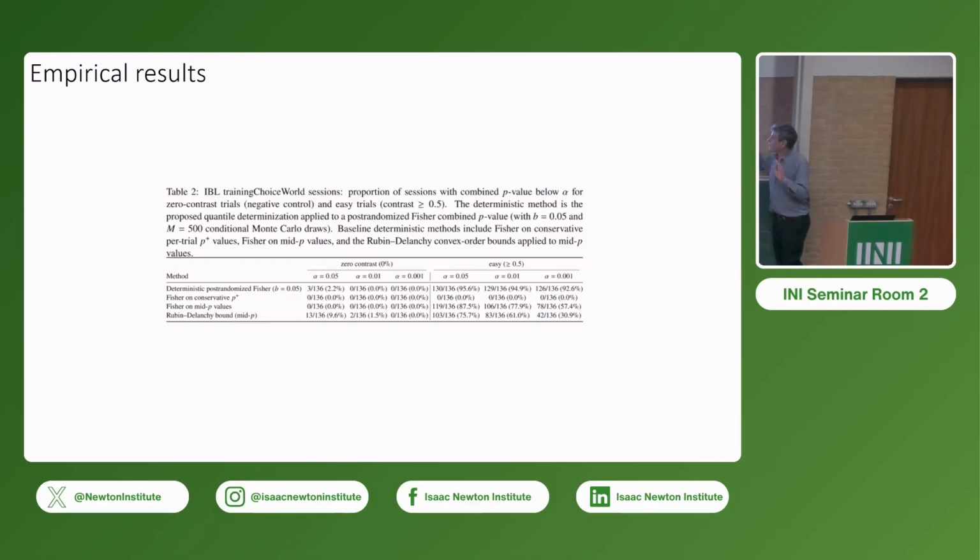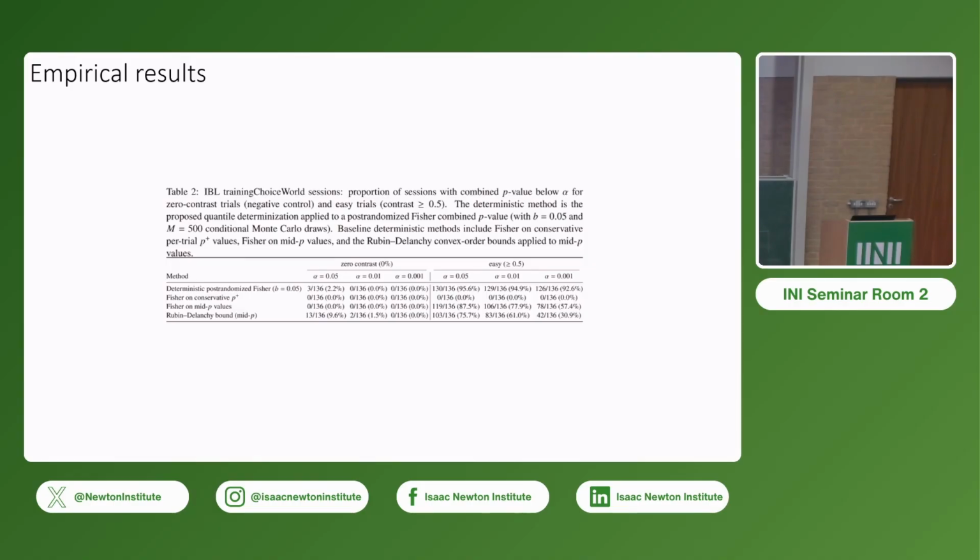So we have to use some sort of conditionally valid test for that, and we simulated this post-randomized Fisher method and some other methods. One is running Fisher's method on conservative p-values, 0.5 or 1, that's never going to give you significance, and you can see it never gives you significance.